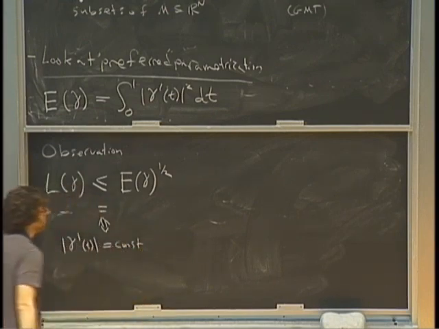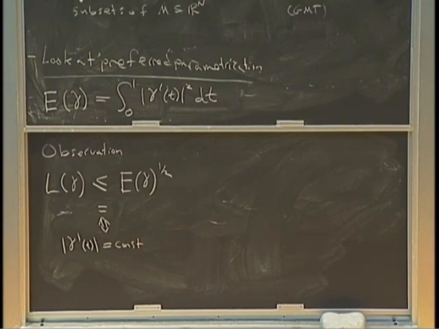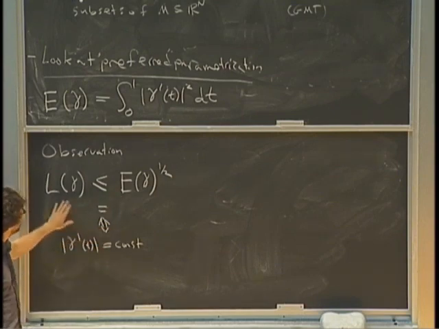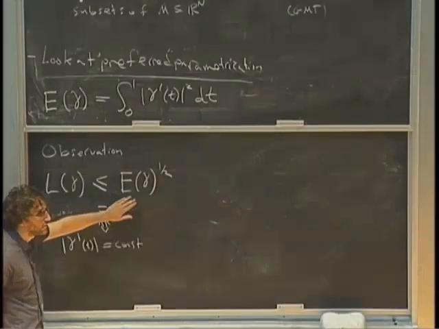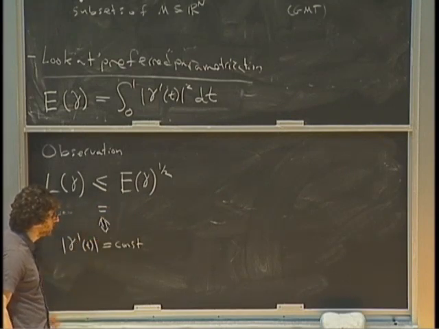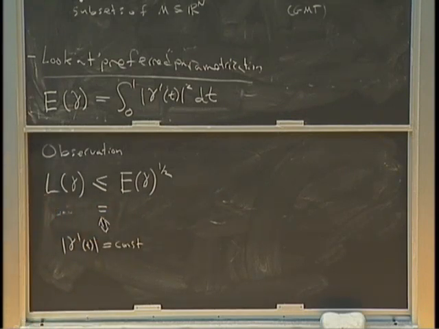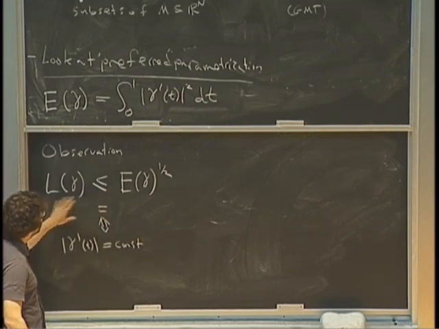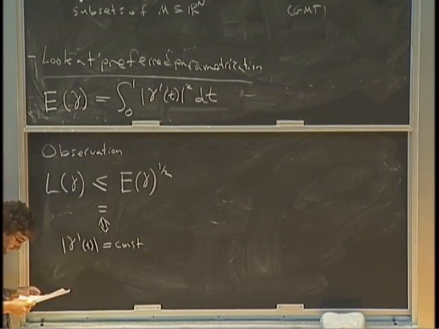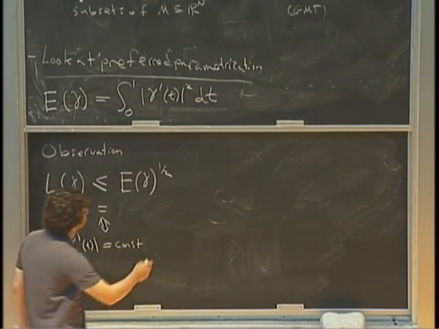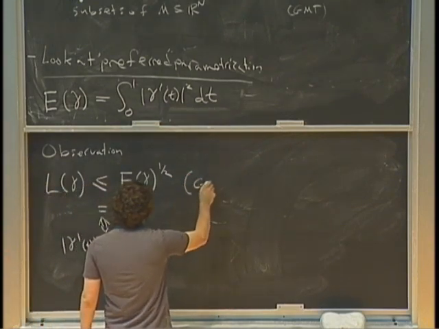So in other words, the constant speed parameterizations are precisely where you get equality in this inequality. So the idea now is that you certainly expect there should be a relationship between minimizers of this functional and minimizers of that functional based on this inequality. It's also true, and this requires some computation, that there's a relationship between the critical points, but that's not as clear from this inequality. And of course, this is just the Cauchy-Schwarz inequality.